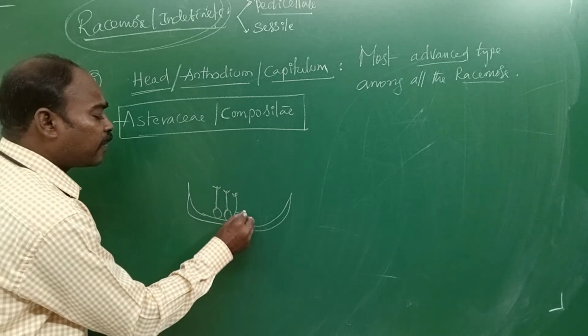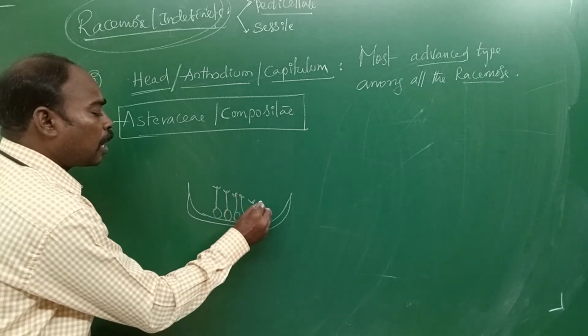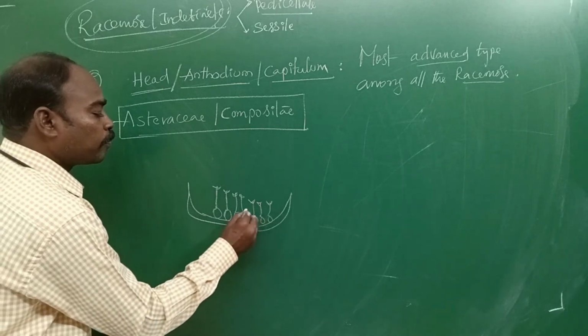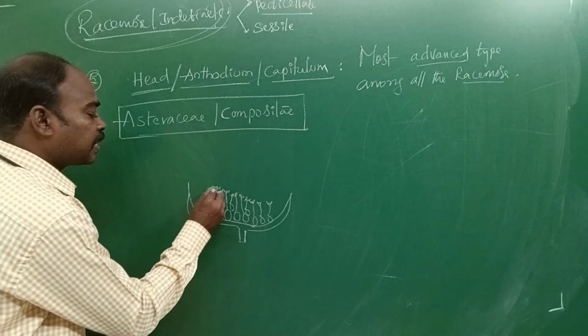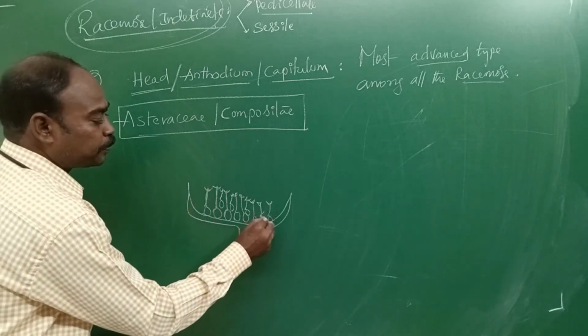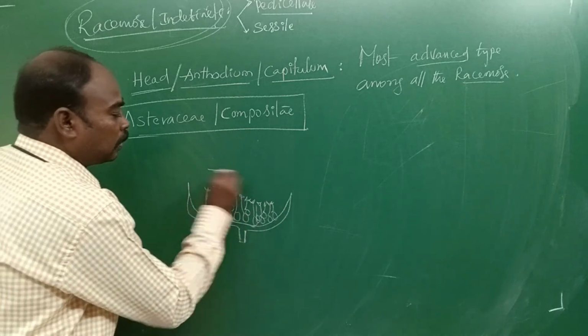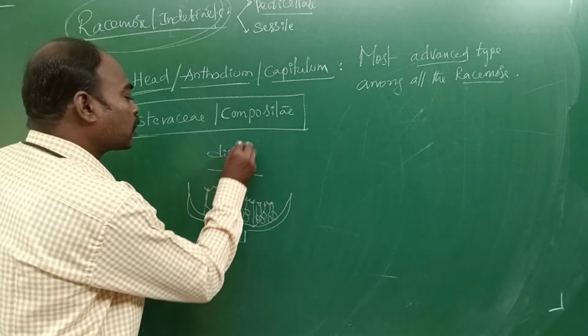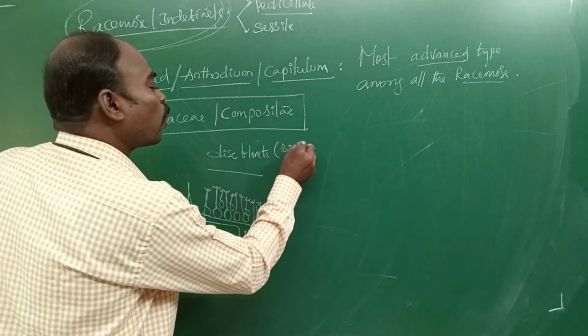These flowers are crowded under two types. Centrally developed are the disc florets, which are bisexual.